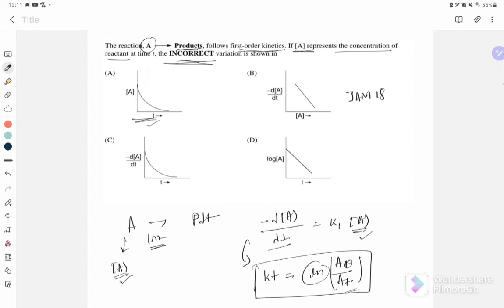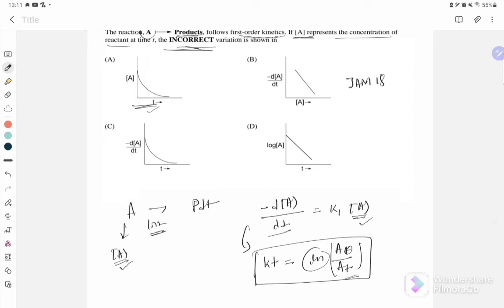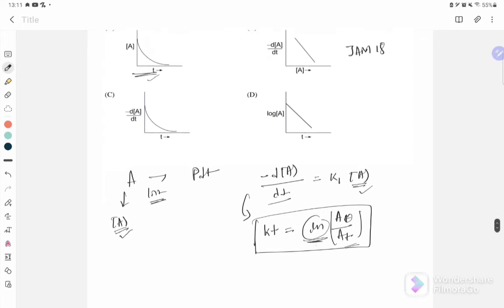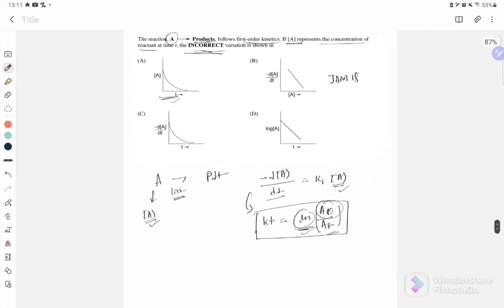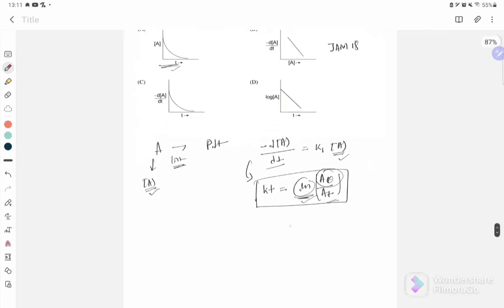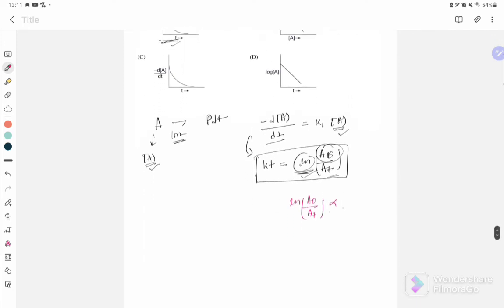So this will be correct because it is a ln equation. So ln of A0 by At is proportional to t.